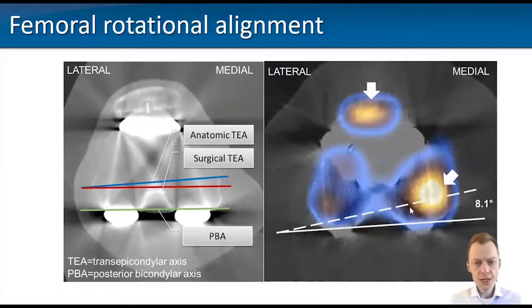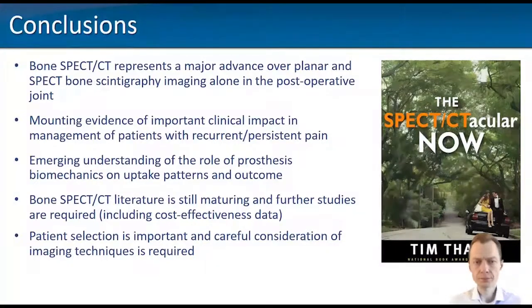You can make these measurements yourself using CT images. It is not difficult to identify the surgical transepicondylar axis, and the posterior bicondylar axis can also be easily recognized, and by measuring the angle between them, anything in excess of 6 to 8 degrees would indeed be too much internal rotation of the femoral component.